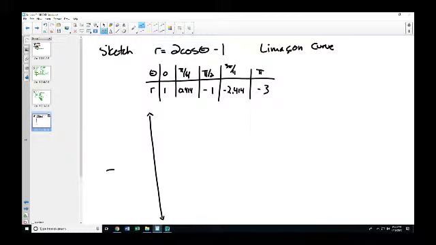You don't have a grid, so I'm just going to have to sketch this by hand, unfortunately. Okay. (0, 1). Pi over 4, 1. Pi over 2, negative 1.